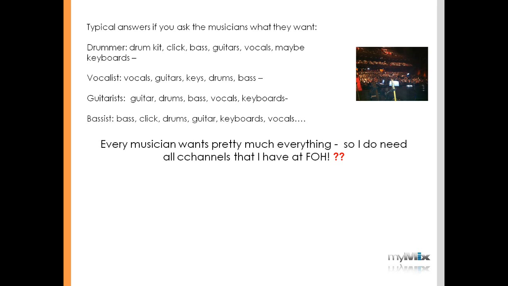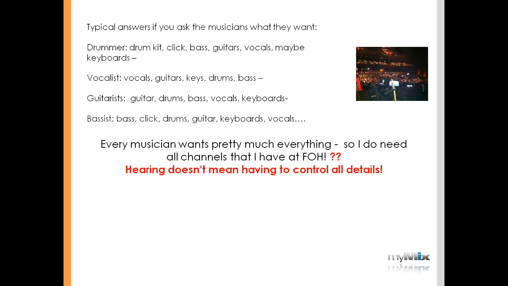So that's coming back to the point. Do I need to feed all the channels that I have of front of house to the musicians? Now, don't forget, that's what the musicians want to hear. And hearing doesn't mean having to control in all details.